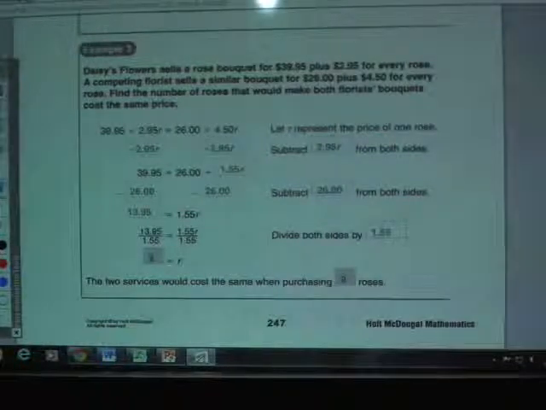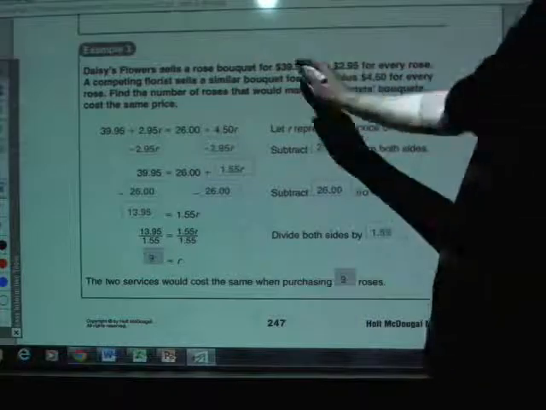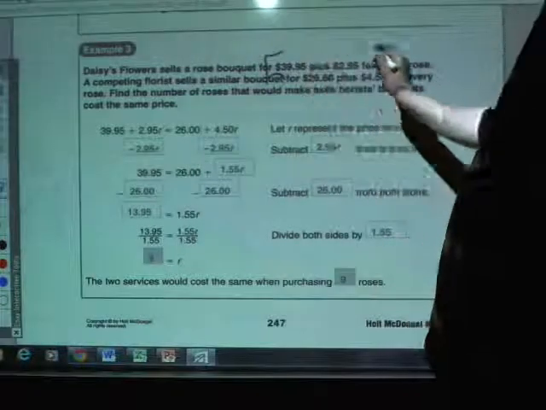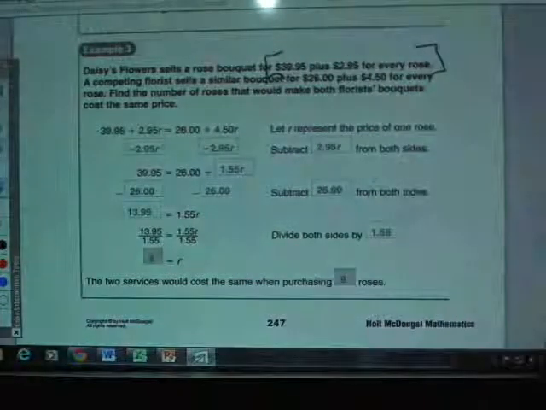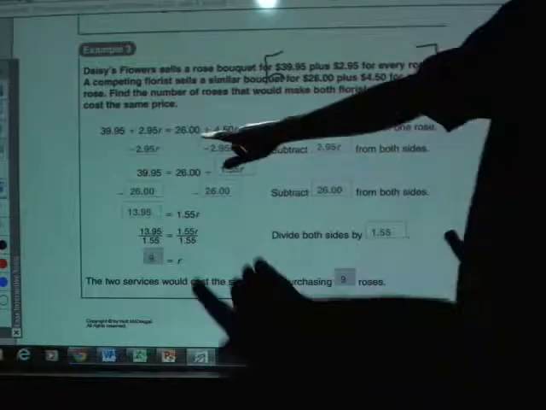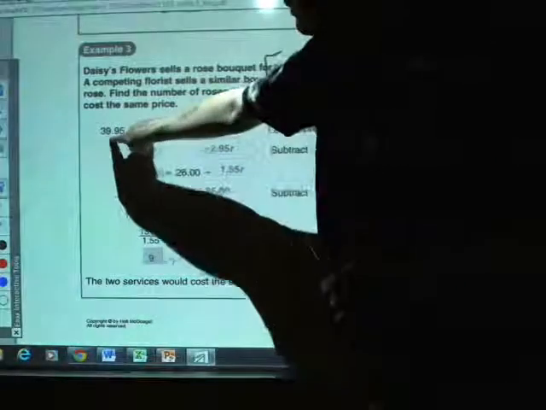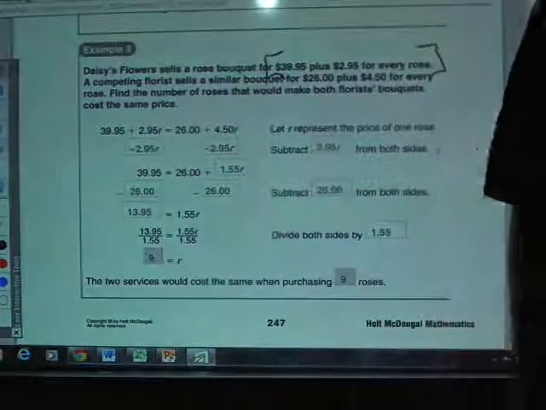All right, so take a look at Daisy's cost here. You're going to spend $39.95 plus $2.95 for every rose, which is exactly what you can see they wrote here, $39.95 plus $2.95 for every rose.